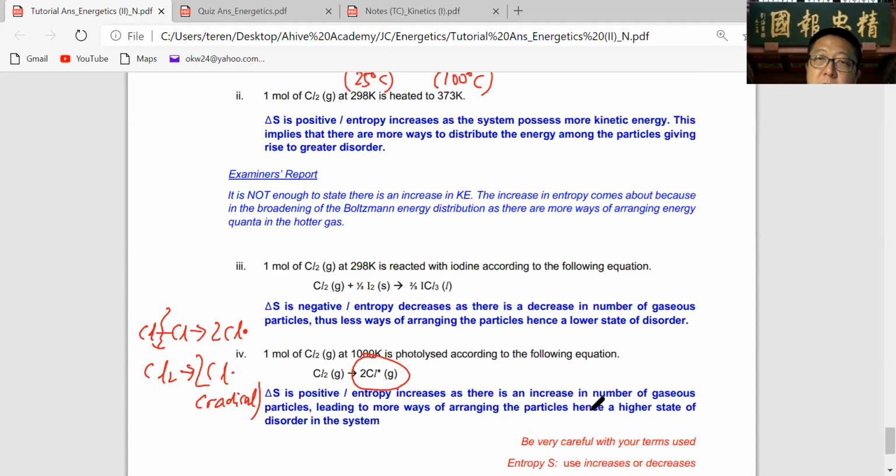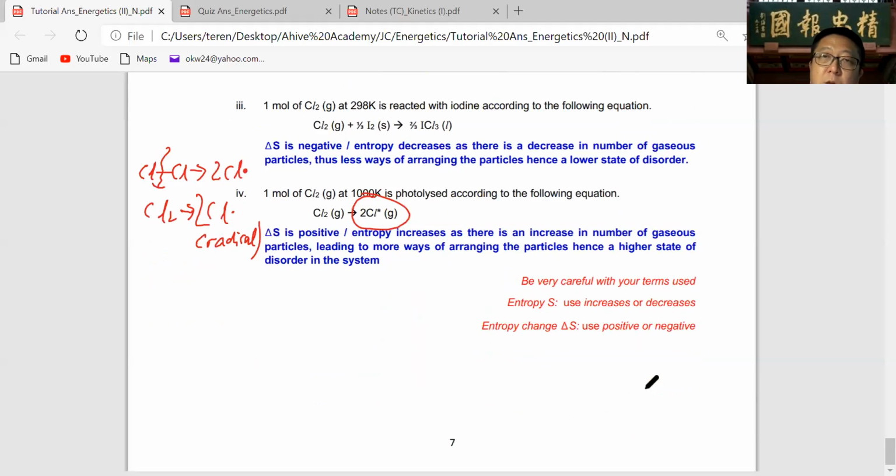Okay, just a comment here for you all to take note. Whenever you use entropy change, which is more common because you want to link to the equation, you tell me delta S is positive or negative. When you use the term entropy, you must tell me increase or decrease, even though they are talking about the same thing. So you must take note of the terms you're using.